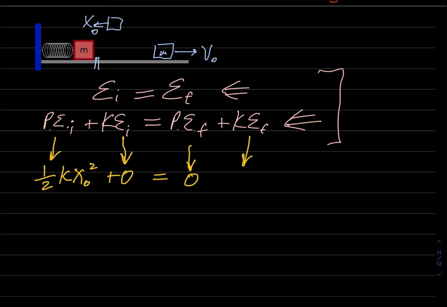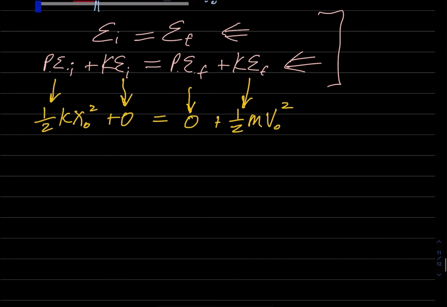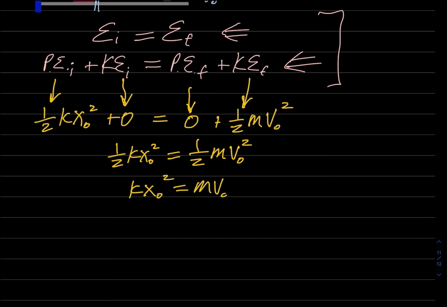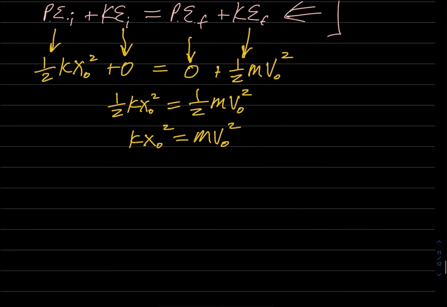And the final kinetic energy is 1/2 m v sub naught squared. Understanding this pretty much finished the whole problem for us. 1/2 k x sub naught squared equals 1/2 m v sub naught squared. K x sub naught squared equals m v sub naught squared. I'm going to switch sides since we're looking for v sub naught.